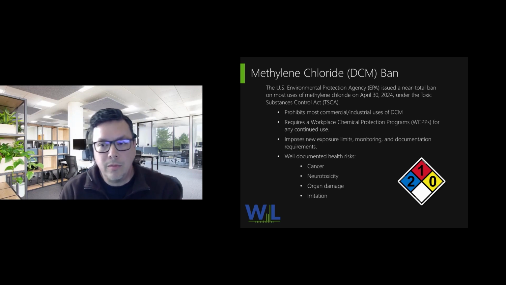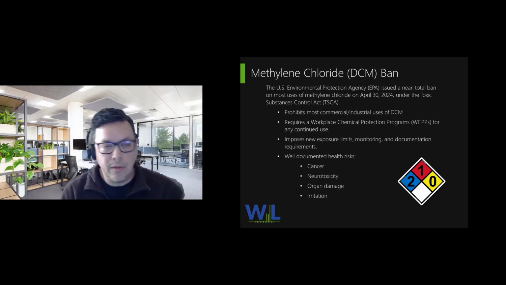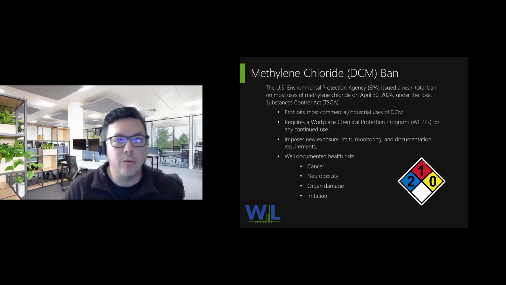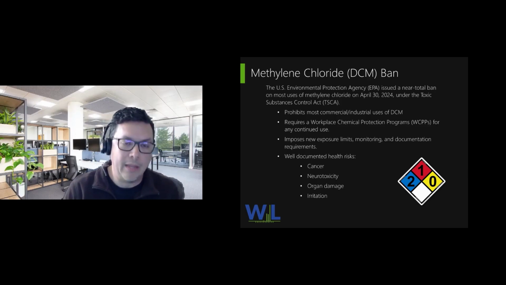While the new rule allows continued use of DCM, it will require more control and documentation if it's being used. And it makes sense, right? Because there are well-documented links to cancer and organ damage with methylene chloride. So it makes sense, at least for EPA, to lower the exposure limits just to make everybody work in a safer work environment.